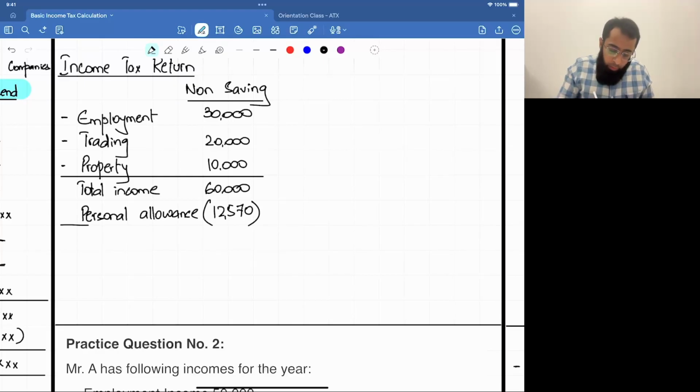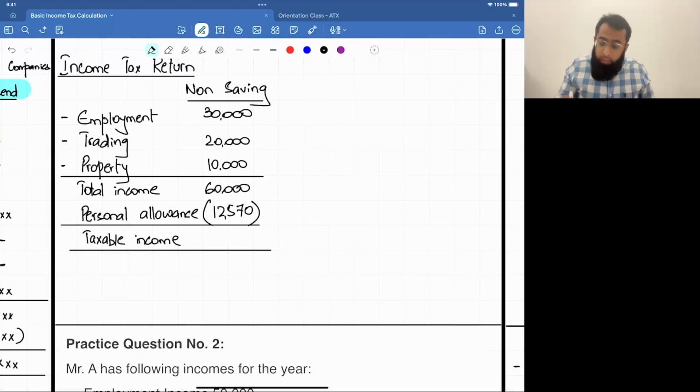Here you go. This is your taxable income. How much? 60,000 minus 12570. So it's 47,430. Done.